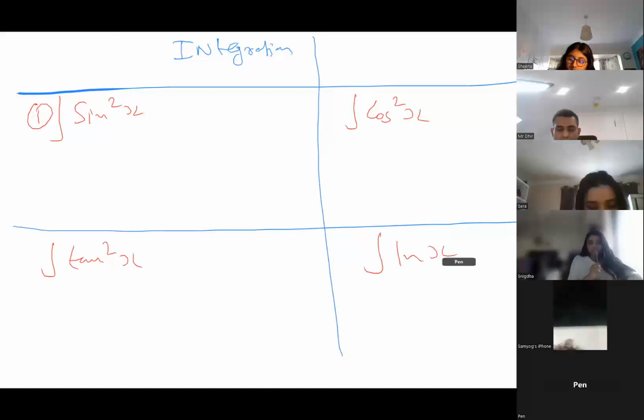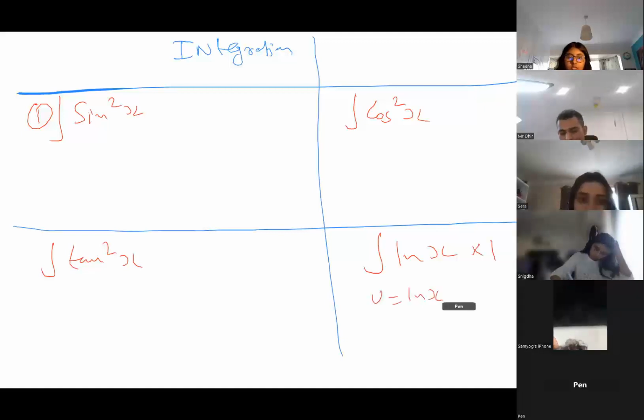Who can tell us how we can integrate ln x? Snigdha, go on, how do we integrate ln x? By parts. By parts, we multiply by 1. So we say u equals ln x and dv by dx equals 1 and so on. So this is also very important.